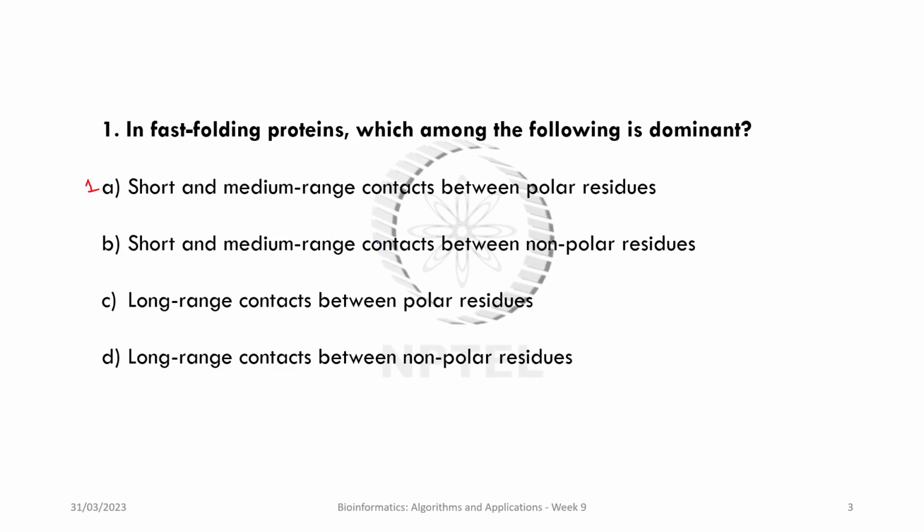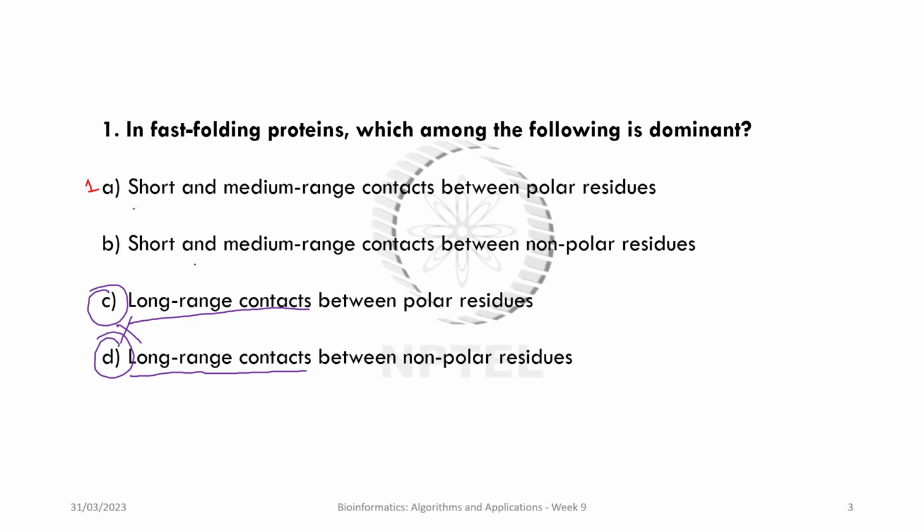Because they're able to find their contacting residues easily in close proximity, and therefore they can fold faster. But long range contacts take more time for the residues to come together and form interactions, right? So D or C will not help us.